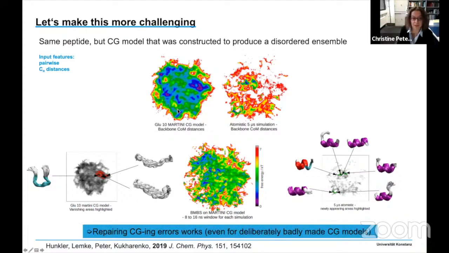So it seems that the repairing of the coarse-grained errors works even for such a deliberately badly made coarse-grained reference.